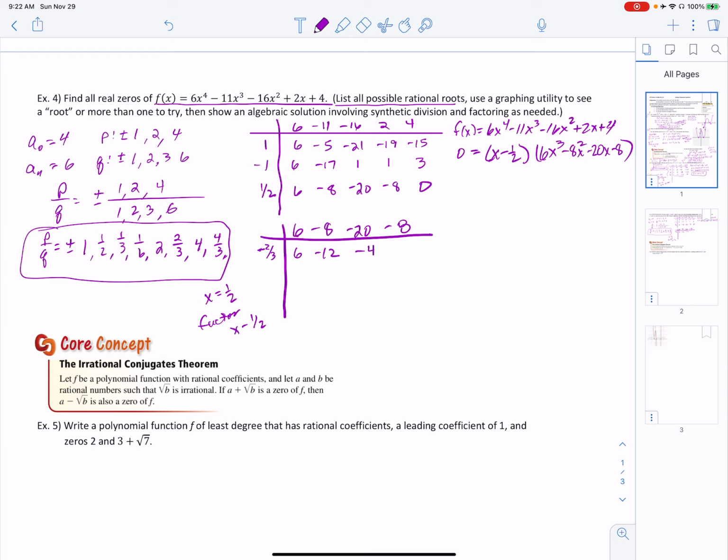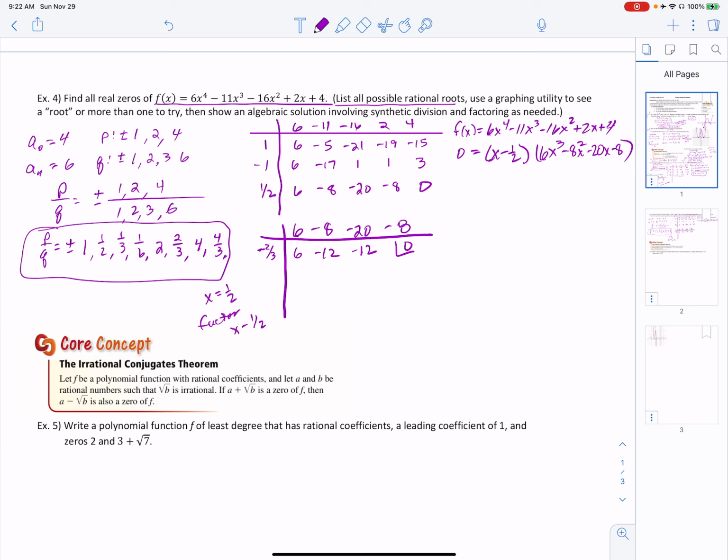Let's see. Did something wrong here. Let's try this again. So 2/3 times 12 is 8, and a negative 20 is a negative 12. And so once again, we get 8, and a negative 8 is 0.